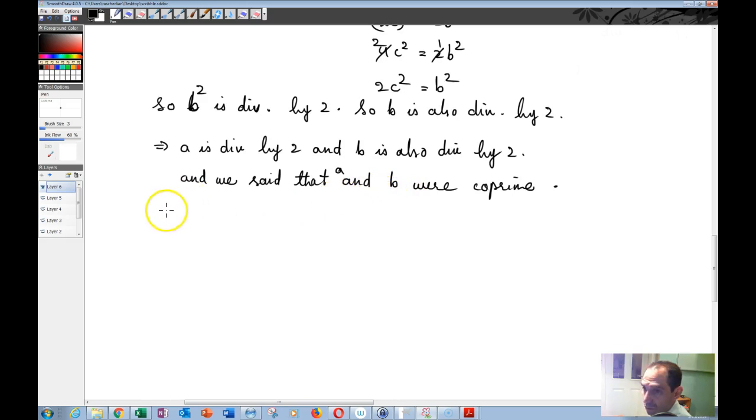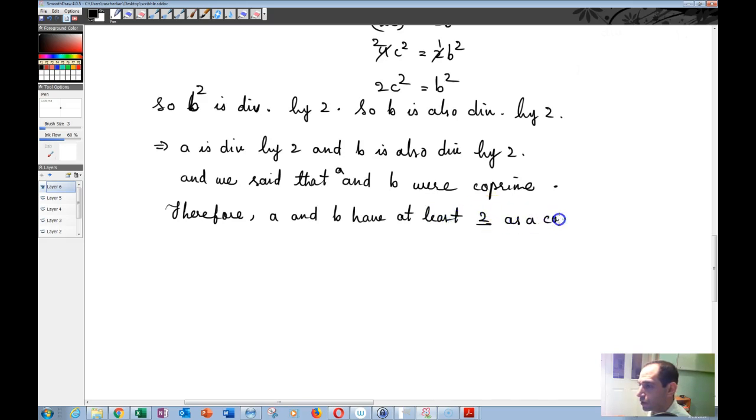So therefore a and b have at least 2 as a common factor. Okay?